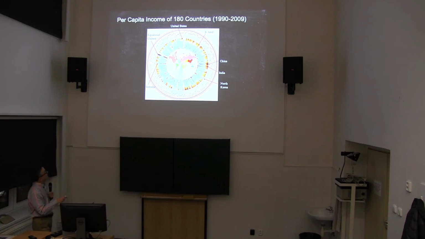This is another one showing the per capita income of 180 countries, also visualized like this. 20 years going this way. If it becomes black and dark here, that means fast development. India and China did well, and North Korea, you can see. And Ireland did well at some point, and the US and Somalia. So this is just an example of countries and visualization.